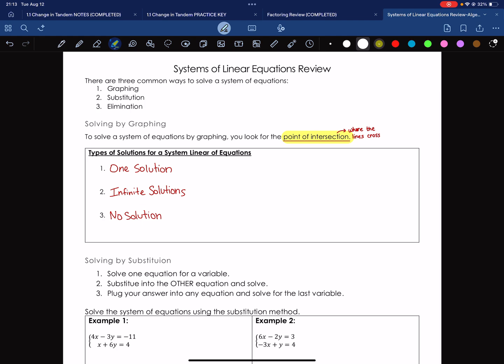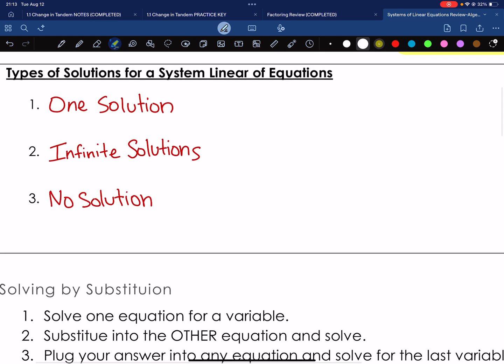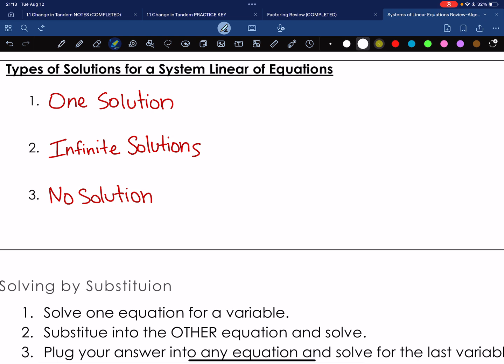And so when we're graphing two lines, you have three options for solutions. Our first option is one solution, and that is when you're going to clearly see that the two lines are intersecting at a specific point. We have infinite solutions. That's when it's going to look like you only graphed one line because the lines are the same.